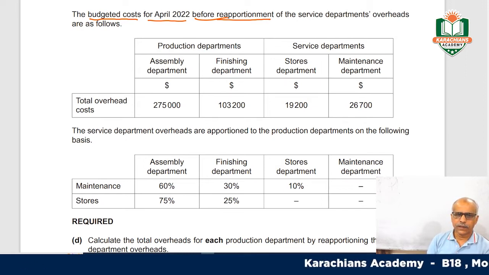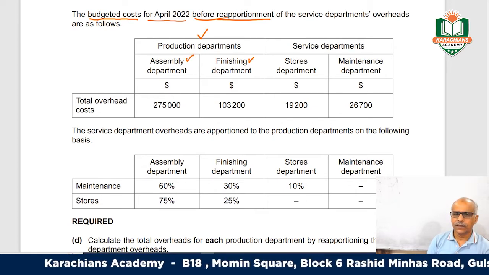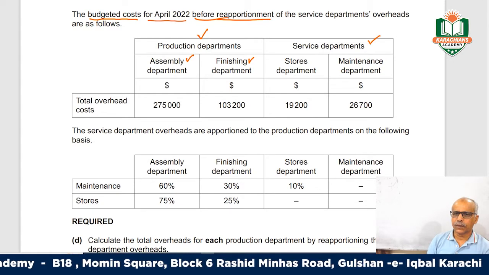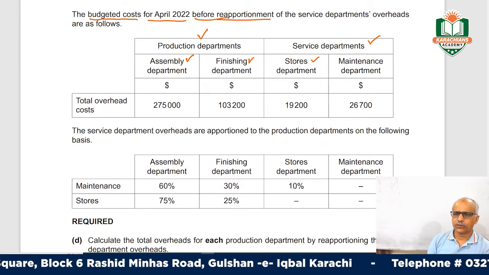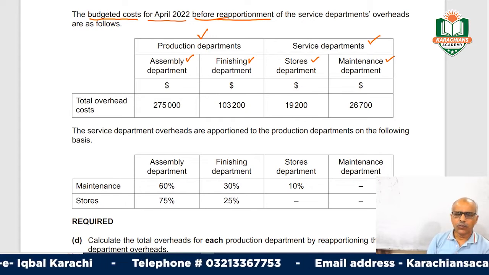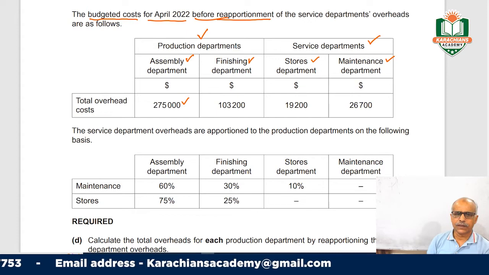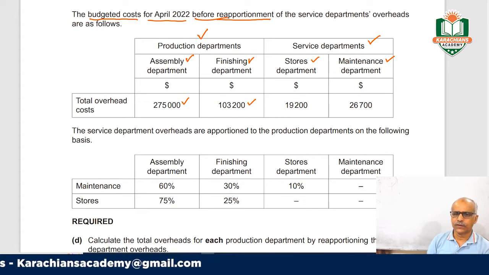The production departments are assembly and finishing, and the service departments are stores and maintenance. The overhead costs: assembly 275,000, finishing 103,200, and store and maintenance overheads were 19,200 and 26,700.